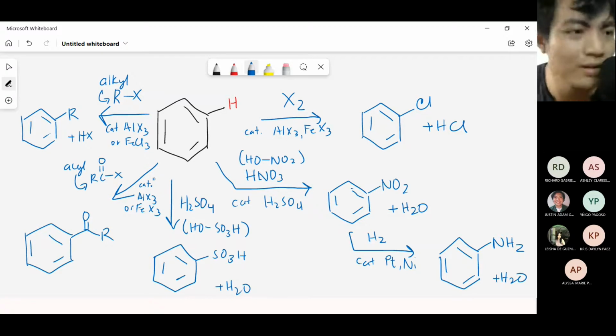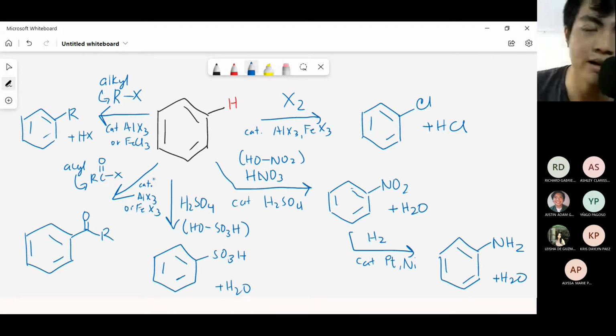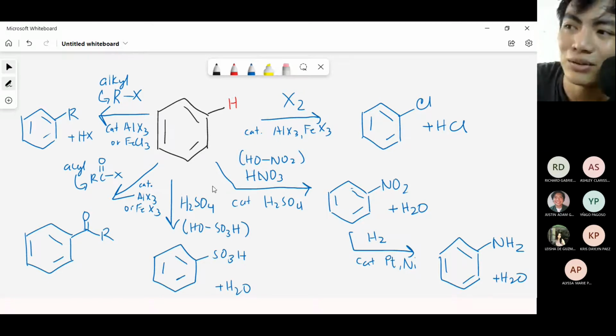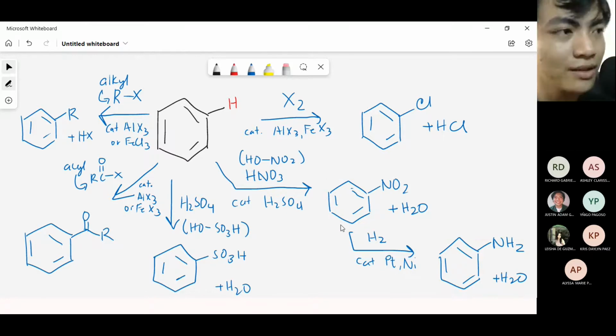Ayan. So, basically, this is the reaction map for benzene. So, ilang reactions na discuss natin. Ganun lang kabibilis. 1, 2, 3, 4, 5, 6. Okay? So, we have 6 reactions that we can do for benzene for it to have derivatives. And take note that it doesn't follow the addition reaction.